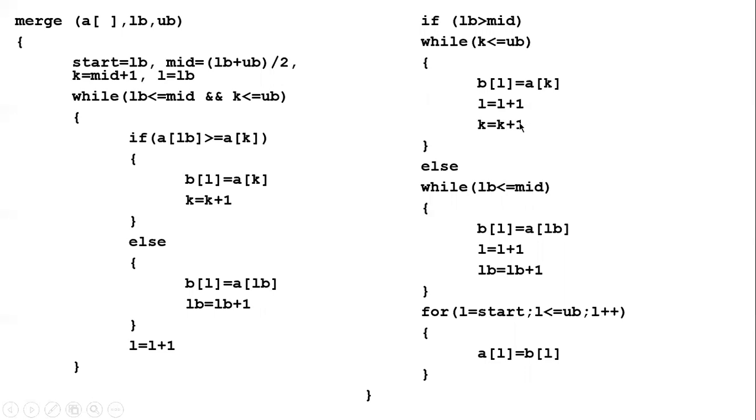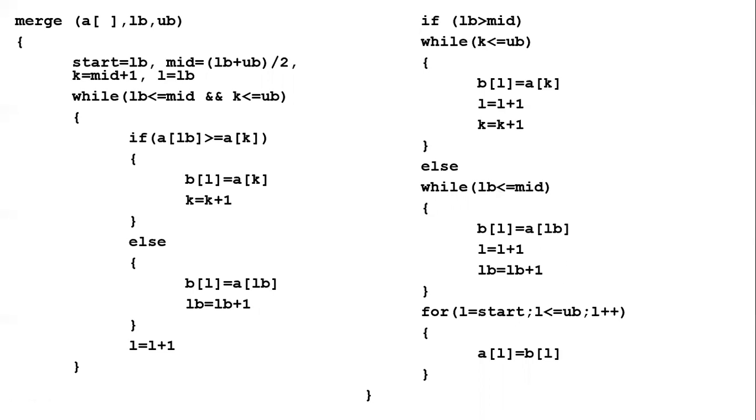When the second array content has been dumped to the B array, then K will be increased by 1 and L will also be increased by 1. L is the index of the temporary array or B array. So if this is not the case, then LB is less than or equal to mid.